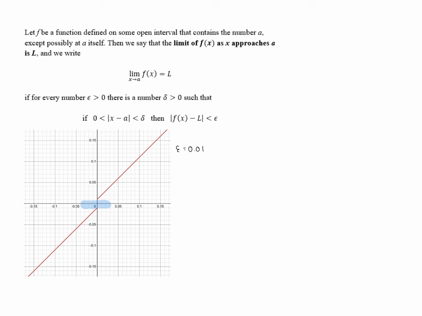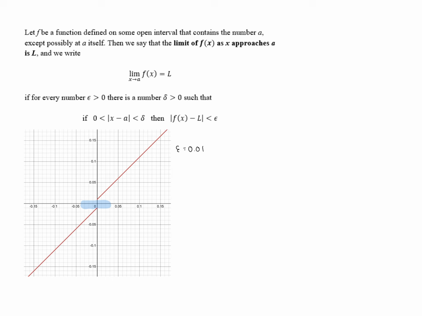We would need an area where the function is staying in between these two y values, but in this case, it never goes in between those two y values. There's a gap. We need to make sure there's no gap for that limit to exist. And unfortunately, this one has a gap.